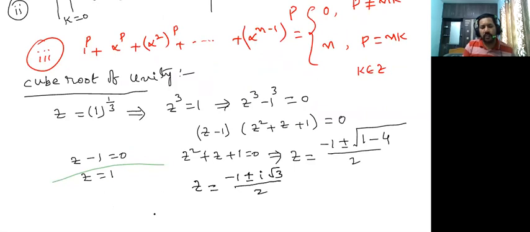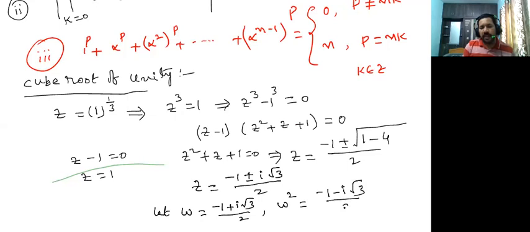Let one of the values be omega. So I am taking omega as minus 1 plus i root 3 by 2. The other, omega square, is minus 1 minus i root 3 by 2. Remember these values also.